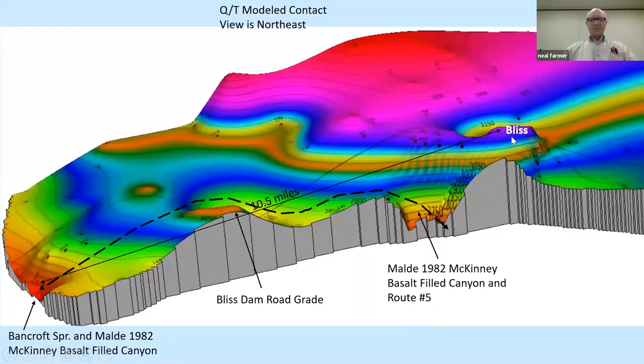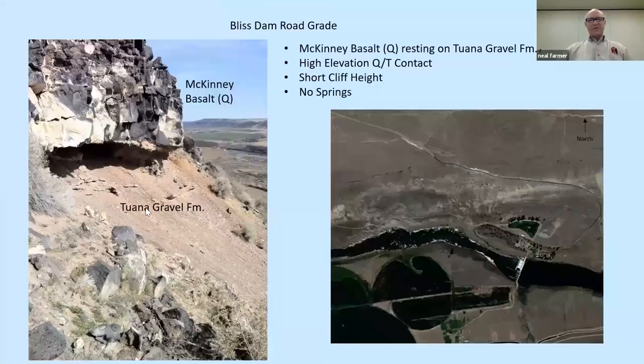And then right here, there are some other good contacts, the Bliss Dam Grade Road, which has Tuana gravel formation, which is part of the tertiary sediments, and basically represents the draining of Lake Idaho, and the rivers starting to flow in across the Glens Ferry Formation.